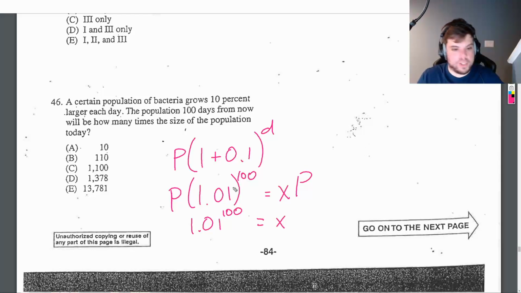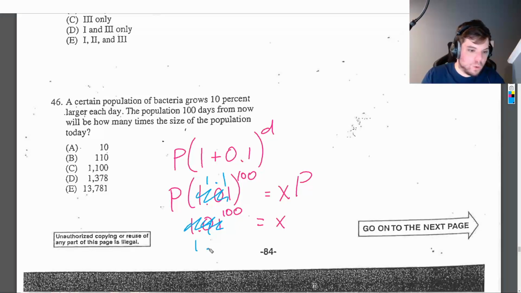Oh, obviously. This is not 1.01. The fact that this looks like 1.01 just confused me. Jeez, making way too many mistakes here. This is 1.1, which means this is 1.1 to the 100th power equals x. Sorry about that. So 1.1 to the 100th power gives us 13,781.